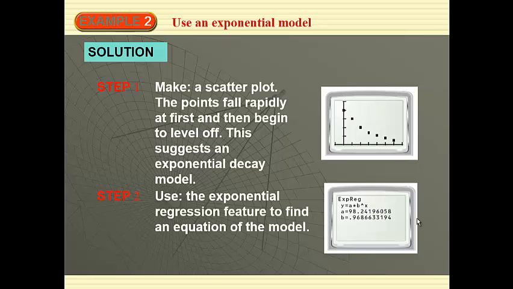So use the exponential regression feature to find an equation of the model. So you will get y equal a times b to the power x, and your a value is 98.24, and b is 0.97.